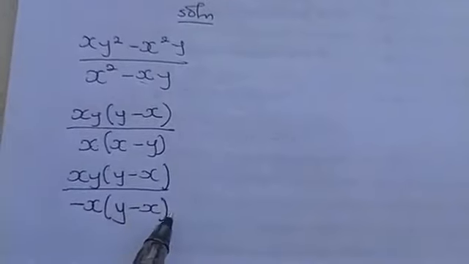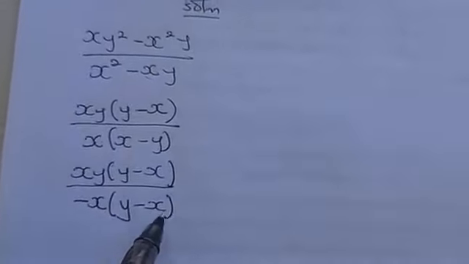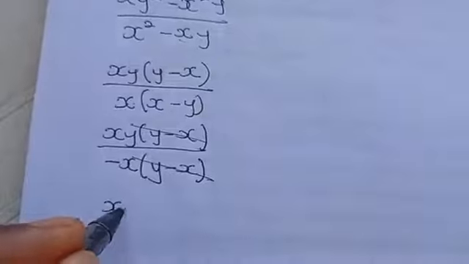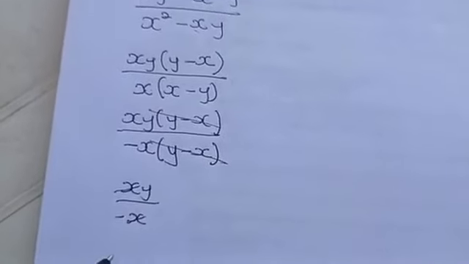So from this, you can see that we have y minus x in the numerator and y minus x in the denominator. So this will go with this, and you are left with xy over minus x. Again, x will go with x, you are left with y over minus 1. And y divided by minus 1 is equal to minus y.